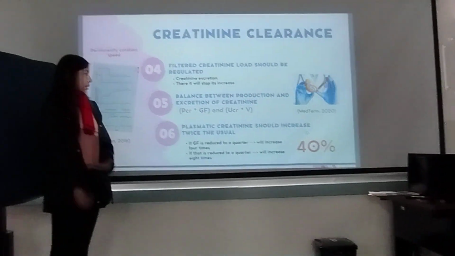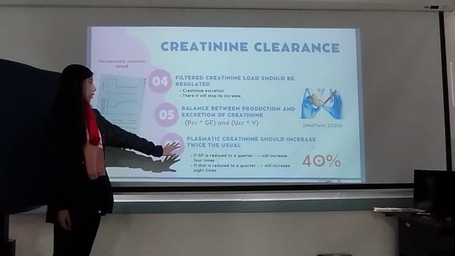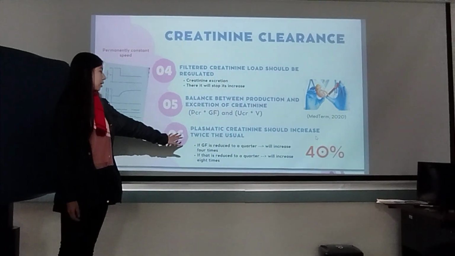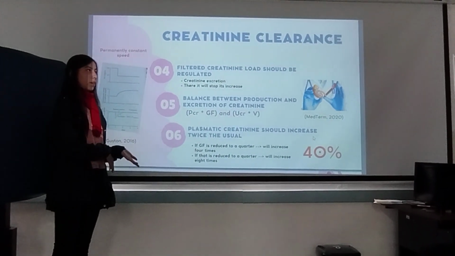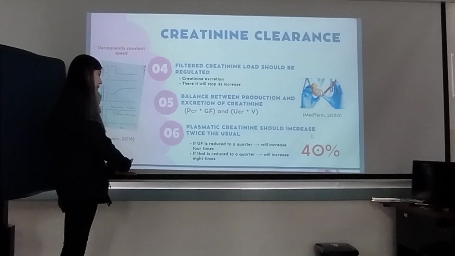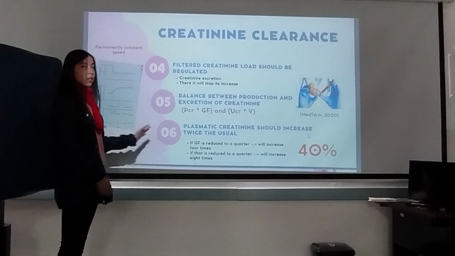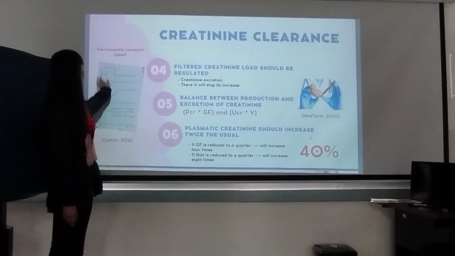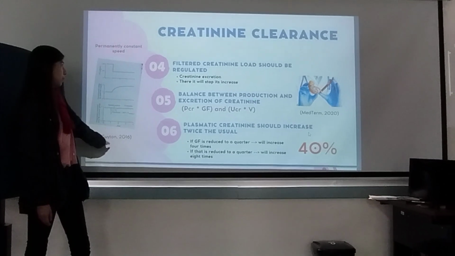And another example: the plasma creatinine should increase twice the usual when the glomerular filtration is reduced to half. That will increase 4 times, and if this result is reduced to a quarter again, this will increase 8 times at a permanently constant speed.